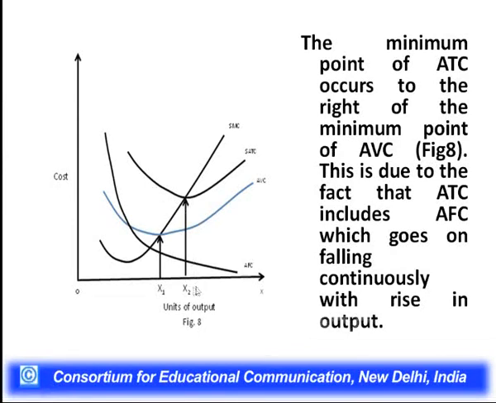Minimum of SAC is at OX2, while the minimum of SMC is at a much smaller output.